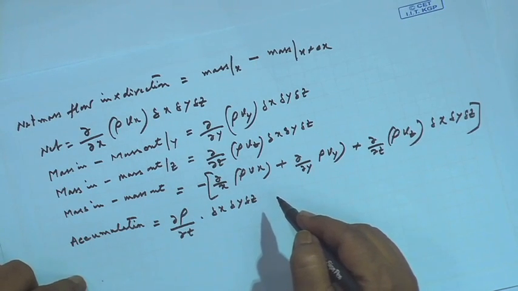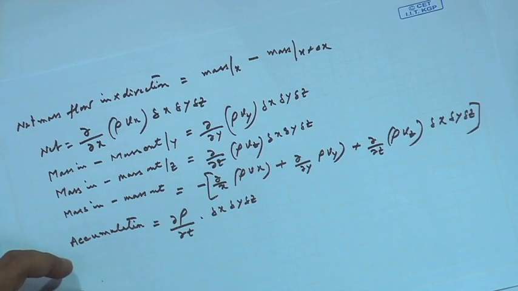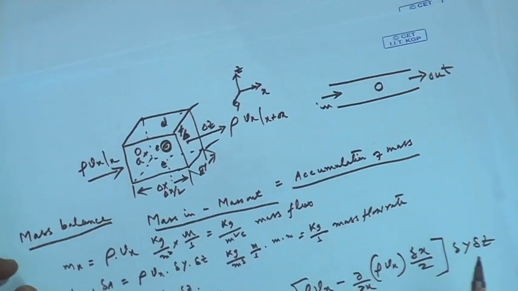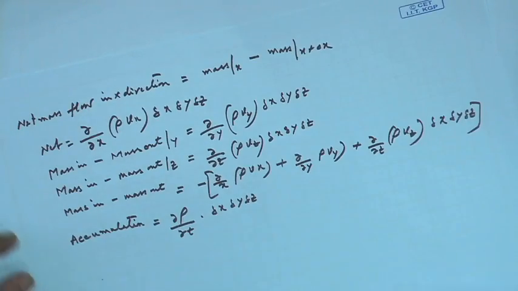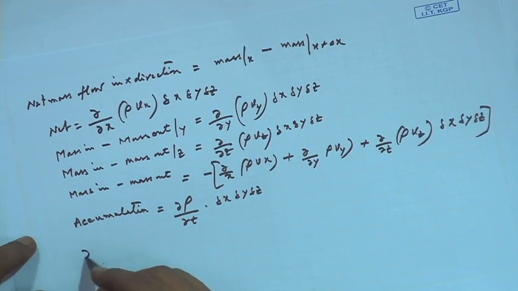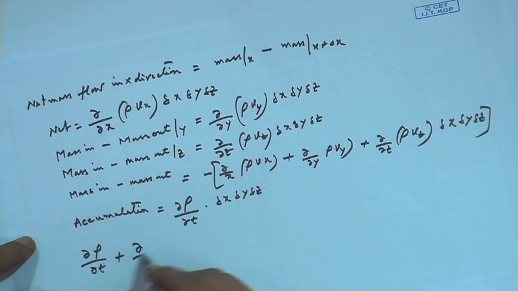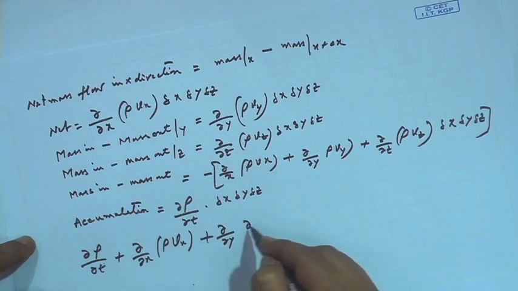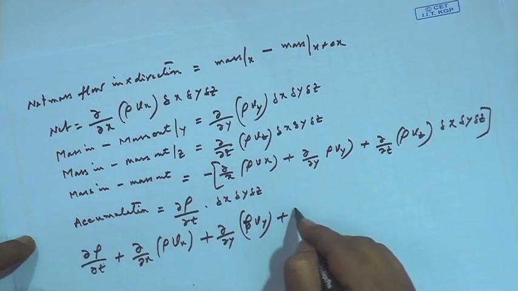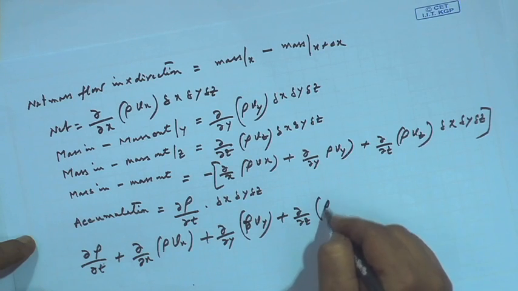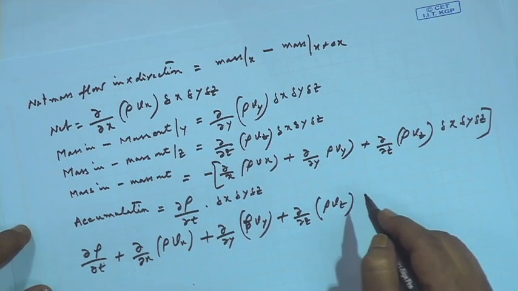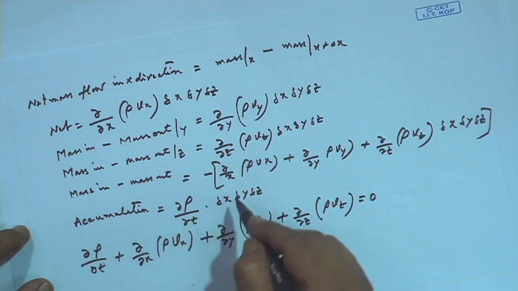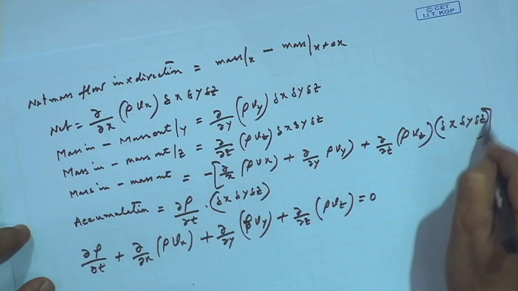Now if we put this in the original mass balance equation, that is, mass in minus mass out is the accumulation, then we can say ∂ρ/∂t plus ∂/∂x of ρVx plus ∂/∂y of ρVy plus ∂/∂z of ρVz must be equal to 0, because when we equate these, the volume term cancels out.